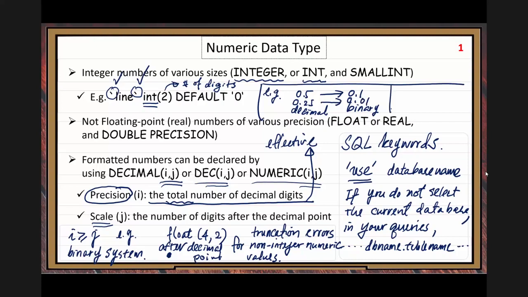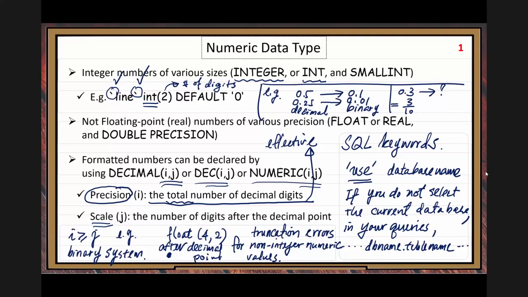Now, I ask you, the decimal 0.3 to binary, what would you get? 0.3. So simple. 0.3 equals 3/10.